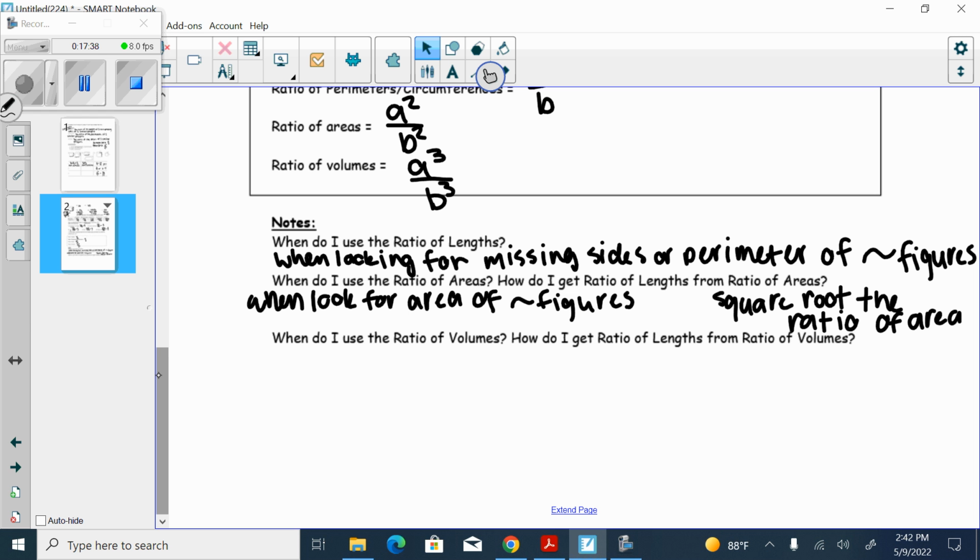Alright, and then last one here, it says, when would I use the ratio of volumes? Well, again, when you're looking for volume in similar figures.